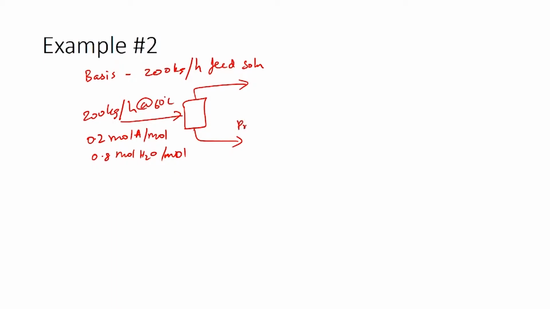From here you have two streams which are leaving. One is the product slurry. The product slurry is leaving at 50 degrees Celsius and you have two things in this slurry. You have crystals, which are the trihydrate crystals, A3H2O, and you have a solution accompanying the crystals, an aqueous solution containing sodium acetate and water.